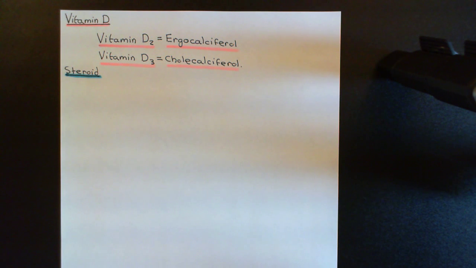So what I'm going to do now is draw out the core steroid structure, the structure that all the other steroids are based upon and contain to some extent. The core steroid structure consists of 17 carbon atoms with a huge number of hydrogen atoms bound to those carbon atoms. I'm going to draw it in the skeletal form, and remember in the skeletal form you don't show carbon atoms, they are shown instead by the corners of the diagram, and you don't show hydrogen atoms coming off carbon atoms.